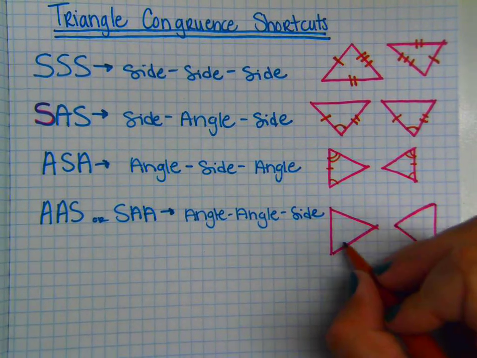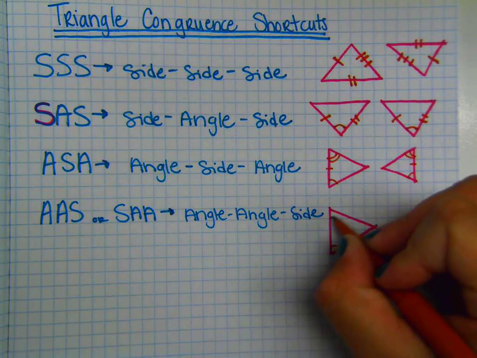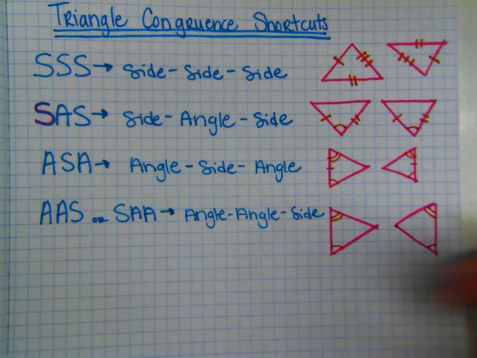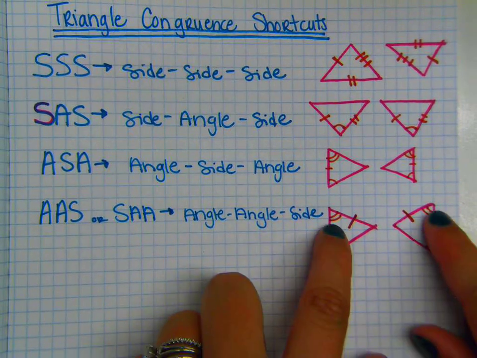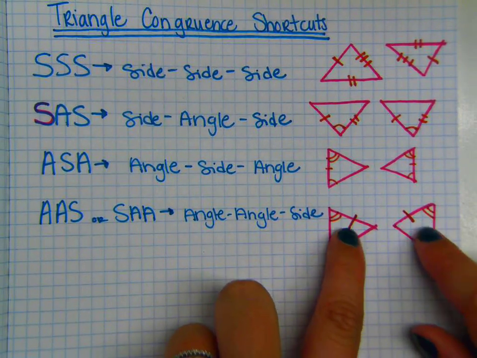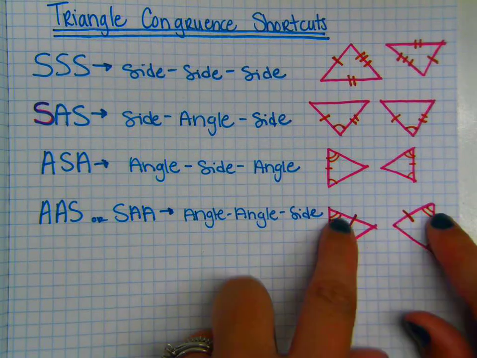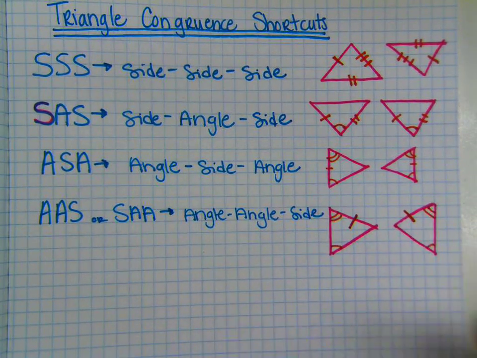So we have an angle, another angle, and then the side that's not in between them. Angle, angle, side. Like I said, it could also be called side, angle, angle.